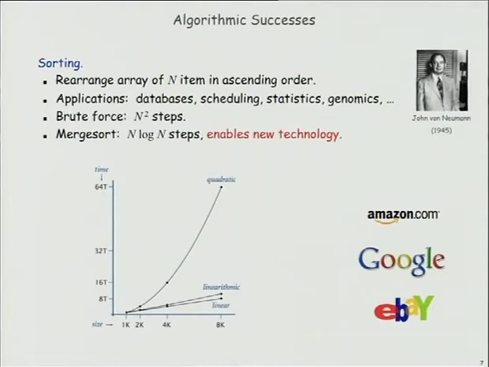So let's look a bit back in the past and see examples that have succeeded, where analyzing algorithms enabled new technology. Now, the first example is sorting. Sorting is when I have a bunch of n items that can be strings, integers, or whatever they are, and you want to arrange them in either ascending order or descending order.